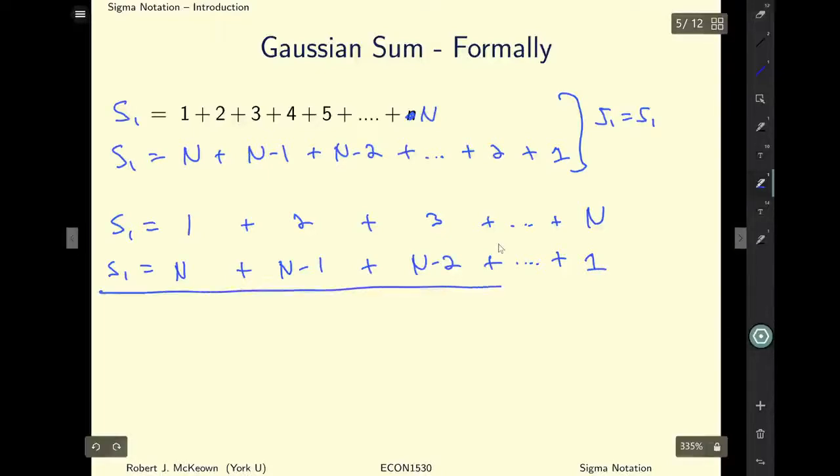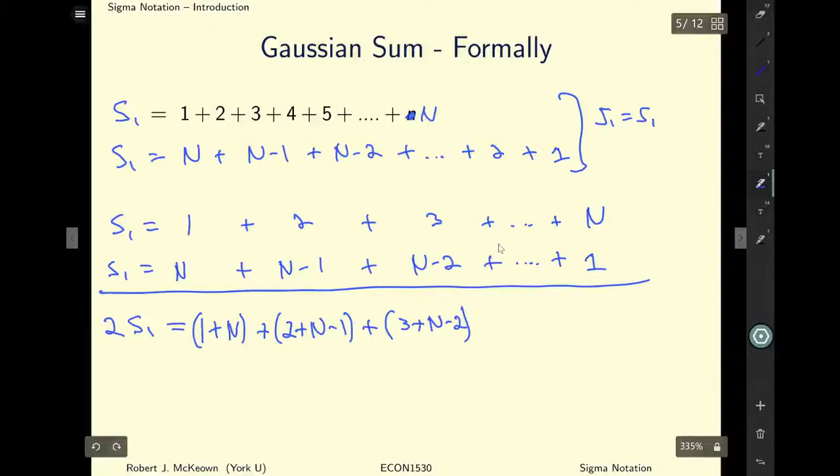Now let me add these two series together. So I'm going to sum up the left-hand side and sum up the right-hand side. The left-hand side is just going to be 2 S1. Remember, because they're the same thing. They're just written slightly differently. Here I've got 1 plus N, plus 2 plus N minus 1, plus 3 plus N minus 2, plus dot dot dot all the way to N plus 1.